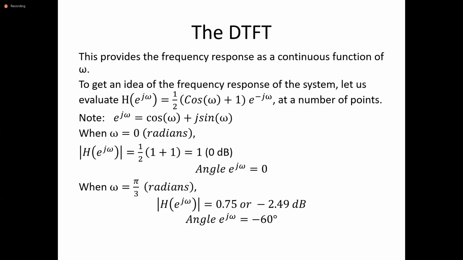So if something has a gain of 100 down to minus 100, we can represent it in a much more compact form in terms of decibels. And our angle, e to the j omega, notice is minus 60 degrees, because here we see that we have a negative in front of our angle.